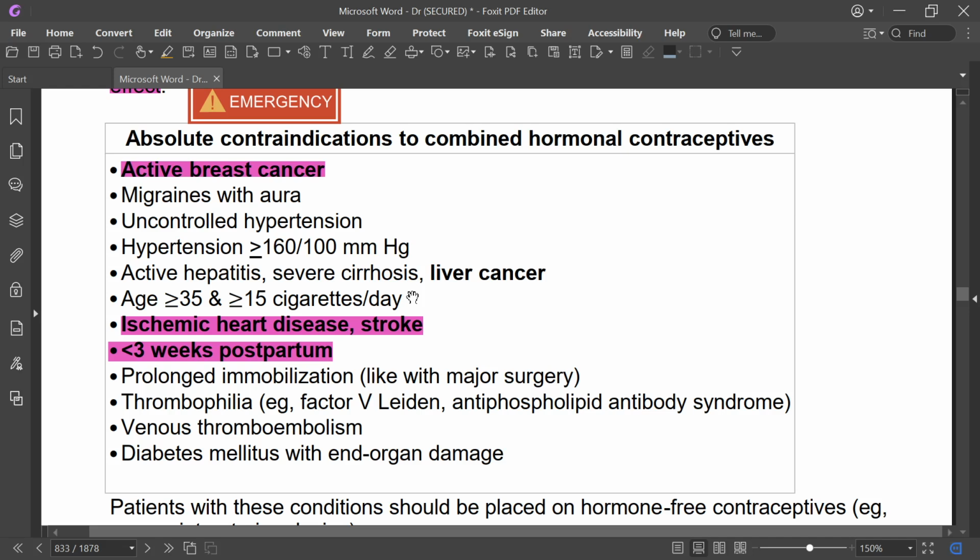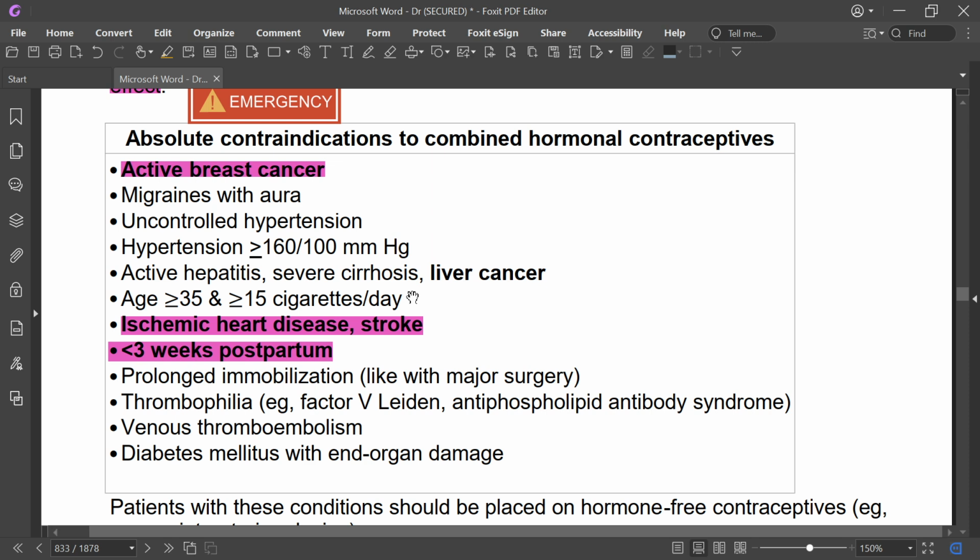What we should remember: active breast cancer can cause serious problems, so it is contraindicated to take OCP in active breast cancer.